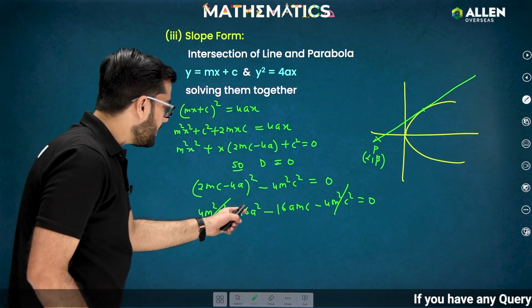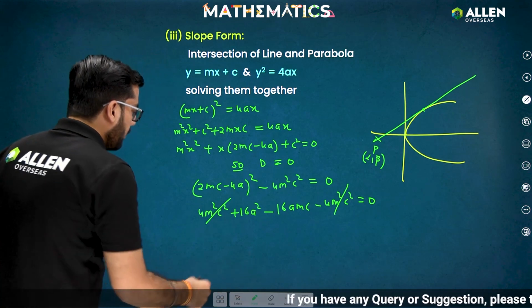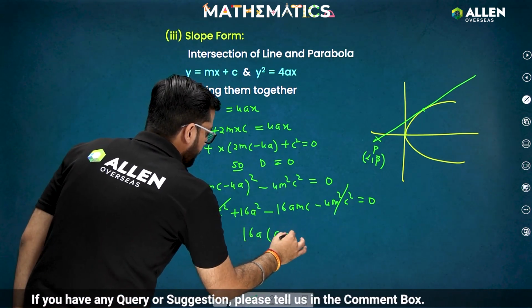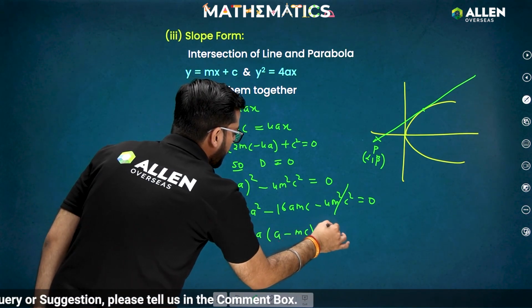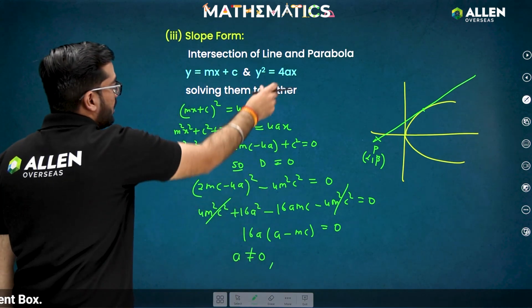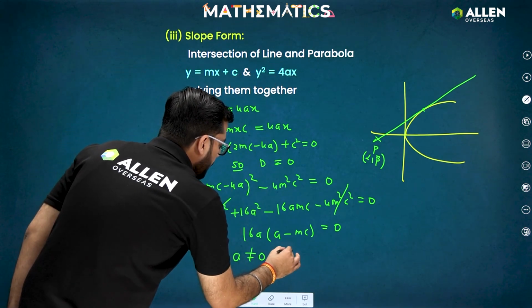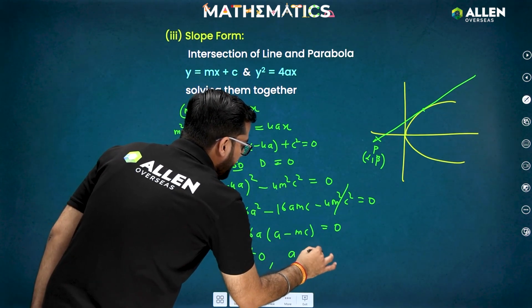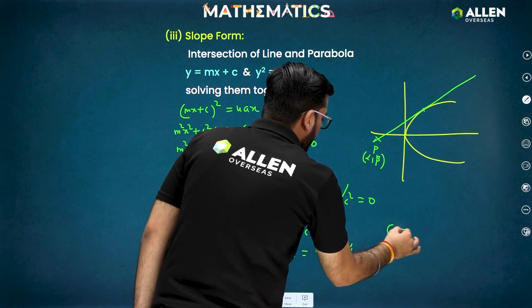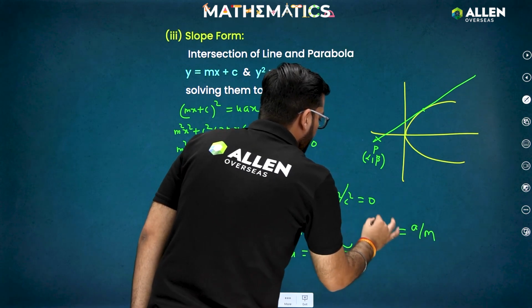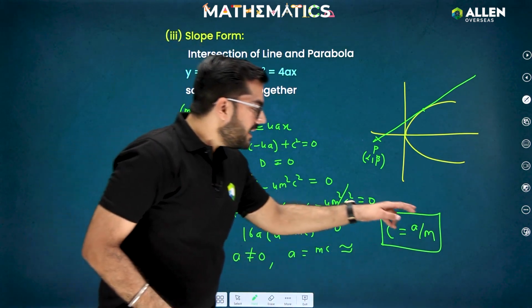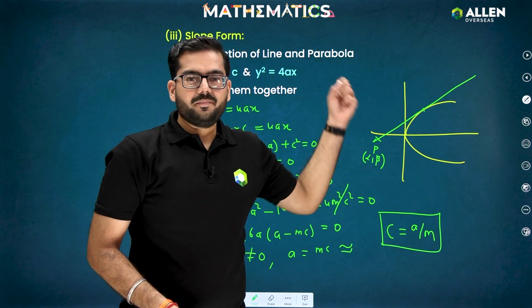Here only you have 16a, you can take common. So you will get what? 16a, then a minus mc. So this a will never become 0 because it is not zero here. Then a is equal to mc, that means c would be equal to a upon m, and this will be known as the condition of tangency for the parabola.